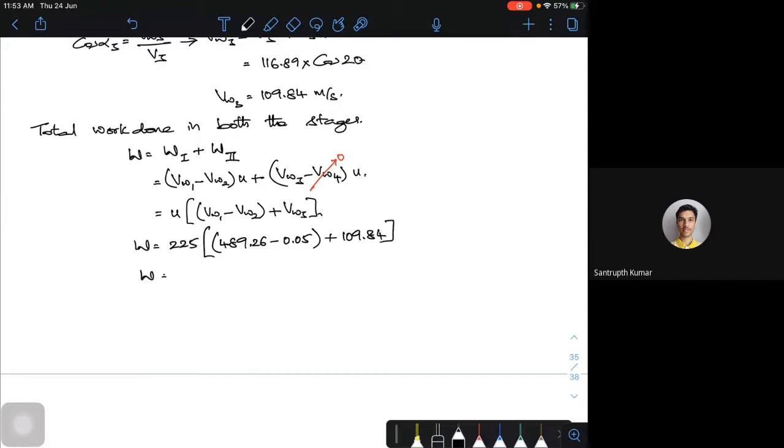This will be your work done. 489.26 minus 0.05, anyway not much difference, so that's a very small value, into 225. So it comes to around 134.78 or 134.79 kilojoules per kg. This is your work done.